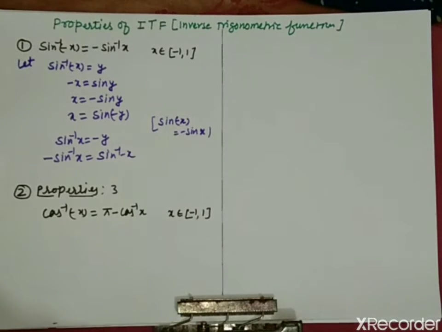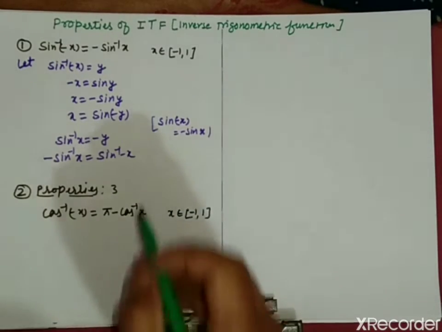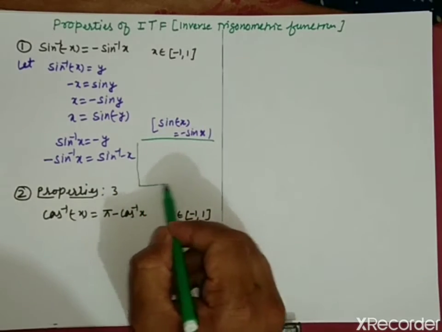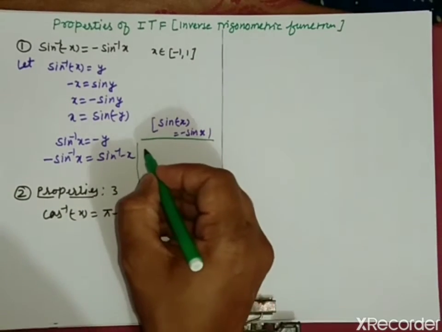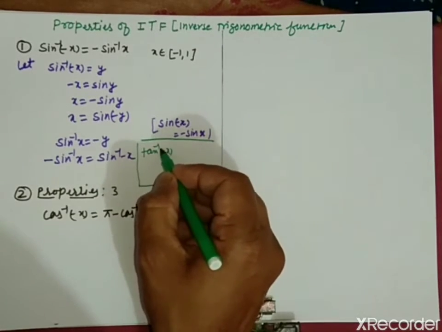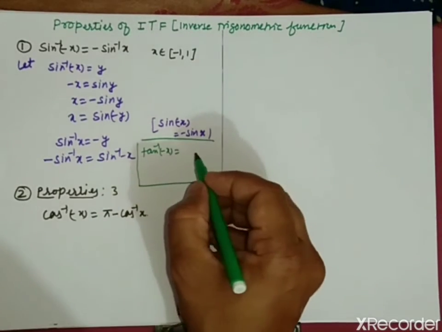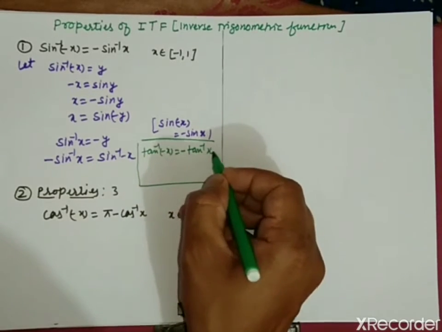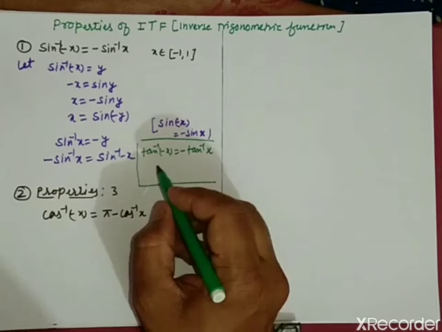Okay, now on the behalf of this we can write for some others: tan inverse minus x is equal to minus tan inverse x.